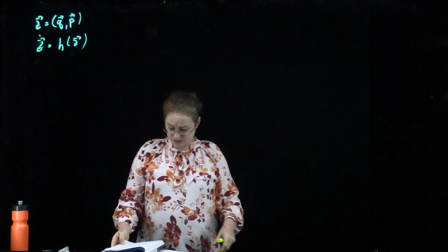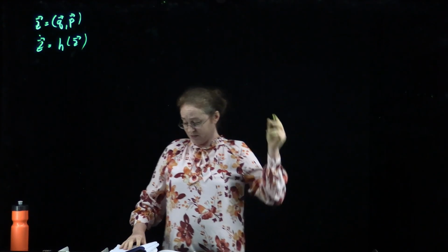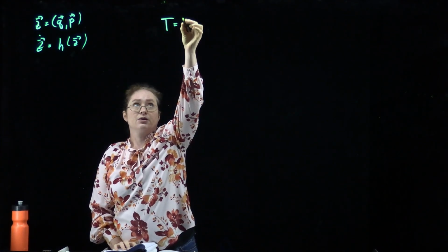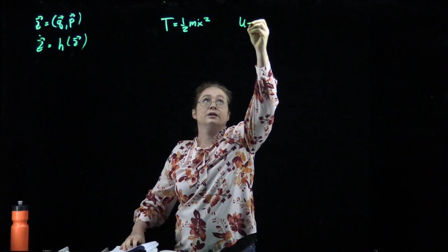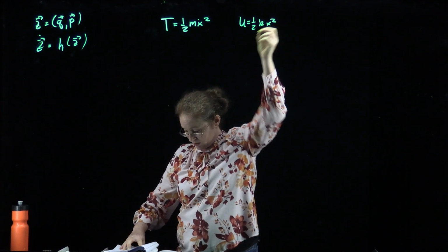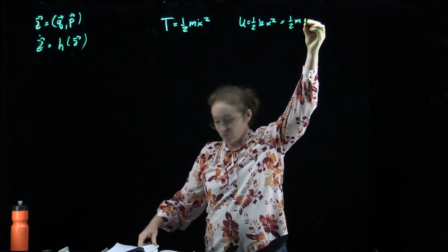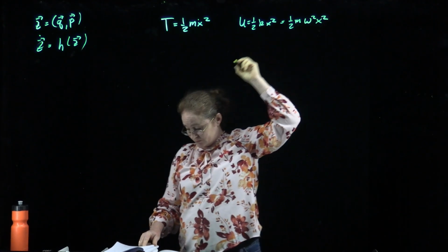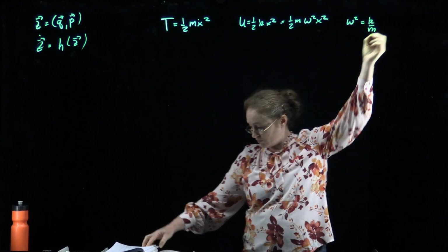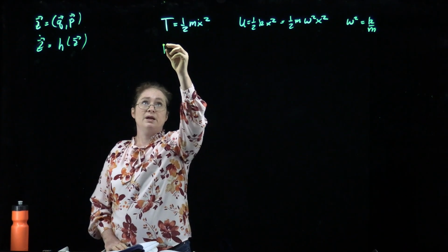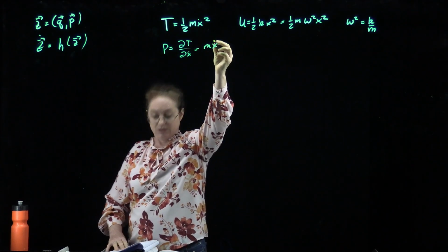And then we're going to look at what this looks like in the case of one dimension. We are going to use our old friend, the simple harmonic oscillator. The kinetic energy is easy here, 1/2 m x dot squared. U is 1/2 k x squared, which we will write as 1/2 m omega squared x squared, where omega squared is k over m. Our momentum is partial T partial x dot, which is m x dot.